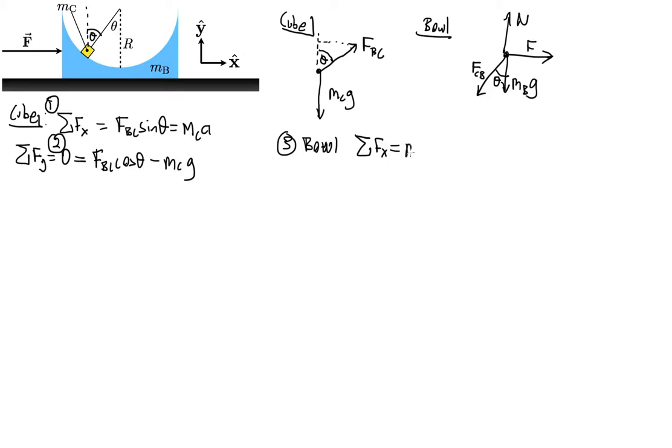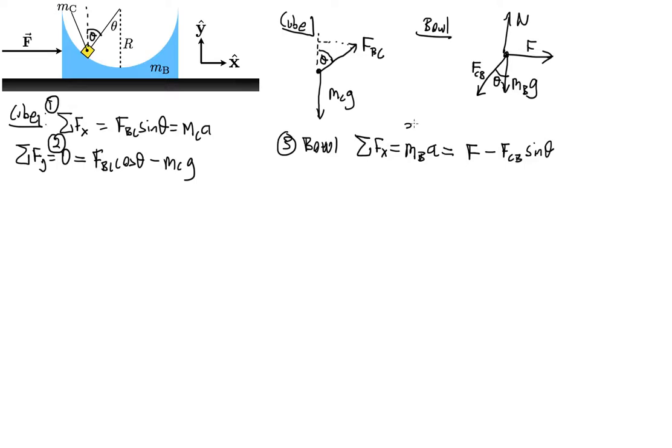Mass of the bowl times its acceleration in the x direction. So the sum of the forces is what's providing its acceleration in the x direction. And so that's equal to the sort of motive force, whatever's pushing on it, minus FCB. And this is the sine theta component. I picked a minus sign because it's going opposite, going back in the negative x direction. And we'll need this for later. So let's call that, oh, it's already called equation 3.